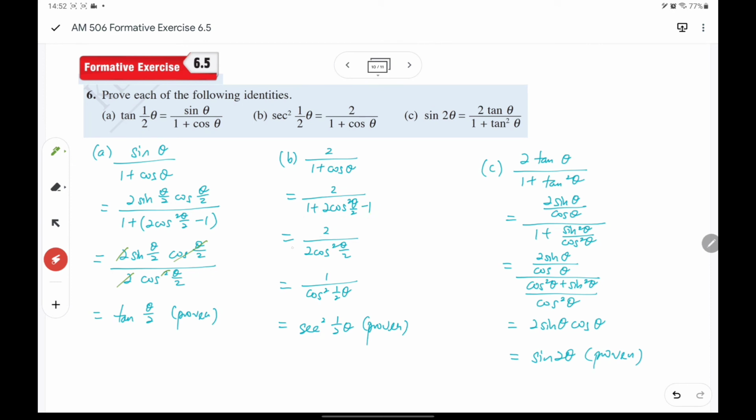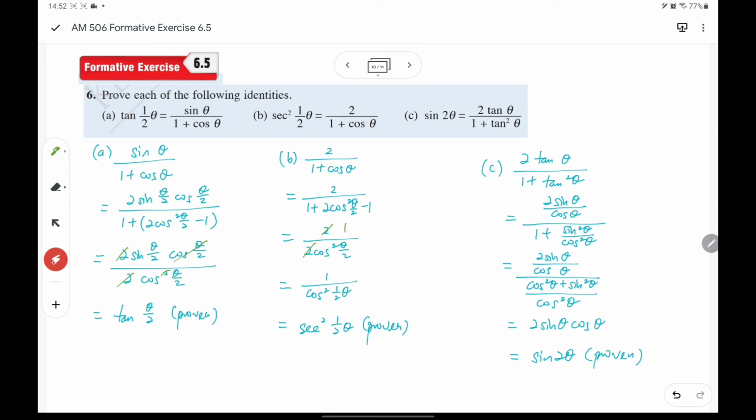There we get 2 over 2 cosine square theta over 2, as the 1 and negative 1 will become 0. There we can cut off our common factor 2 and 2. So now we are left with only 1 over cosine square of theta over 2, which is secant square of half theta.